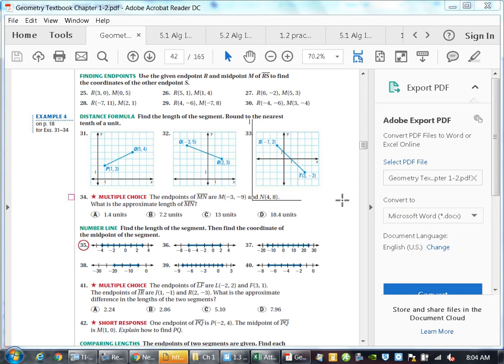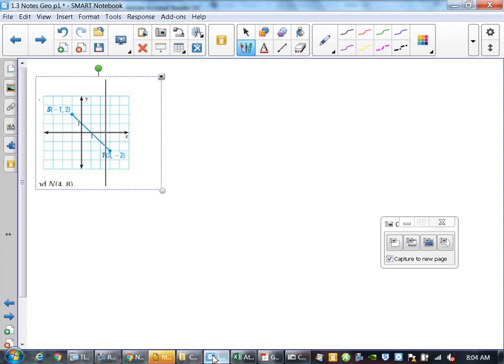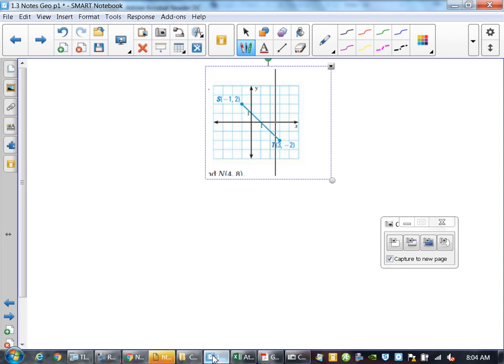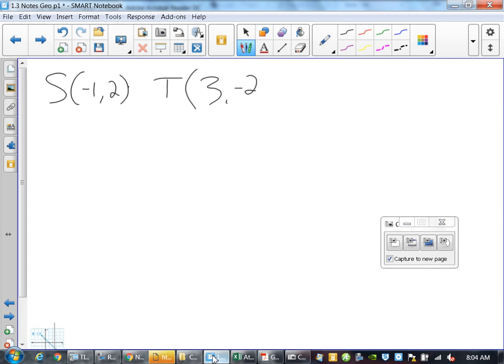So if I wanted to find the midpoint, do two different things here with these. Say we have the ordered pairs. I want to do two different things here.